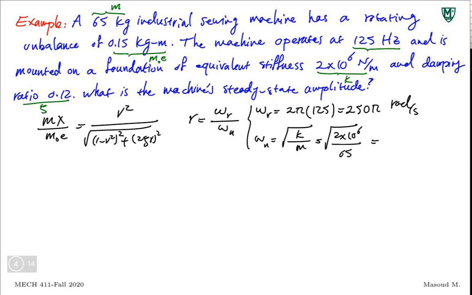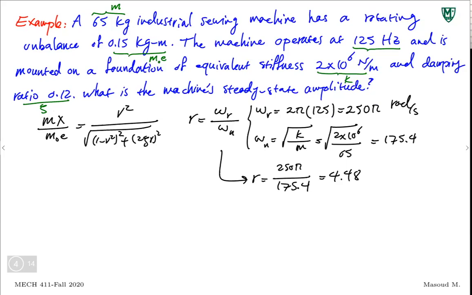So you'll get your natural frequency as 175.4. If you do this math, you're going to get R as 250 pi over 175.4, and that'll give you 4.48 as no unit.